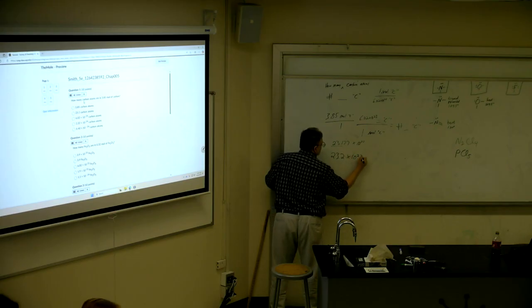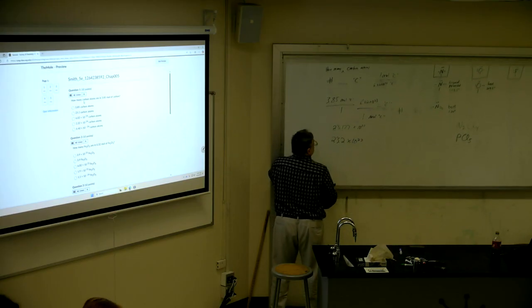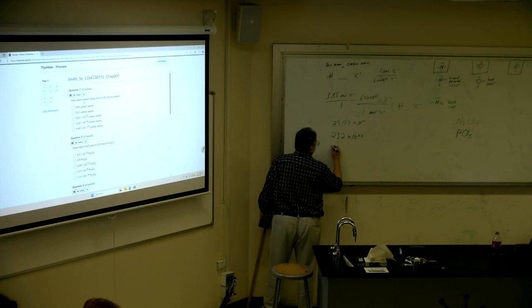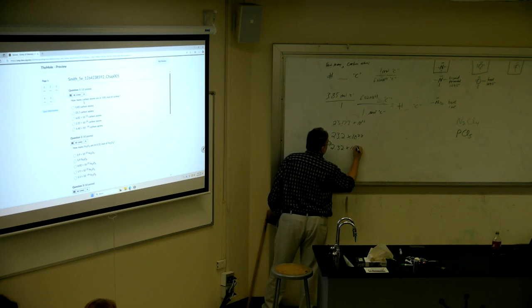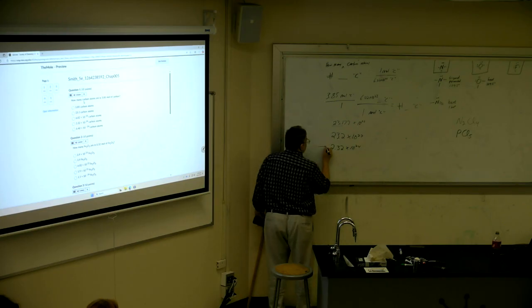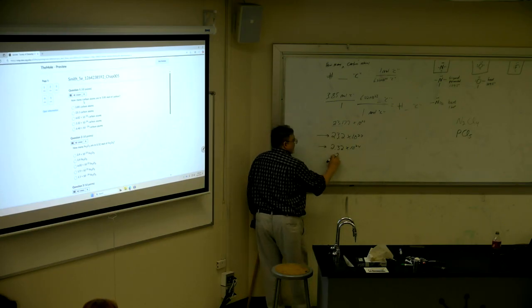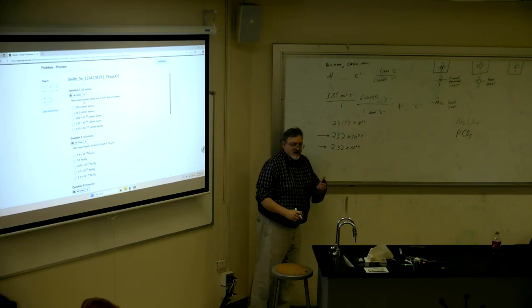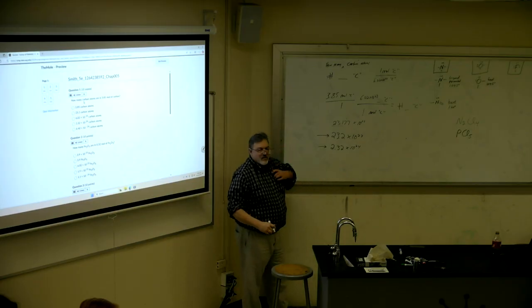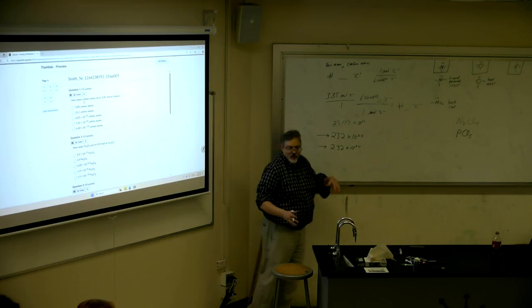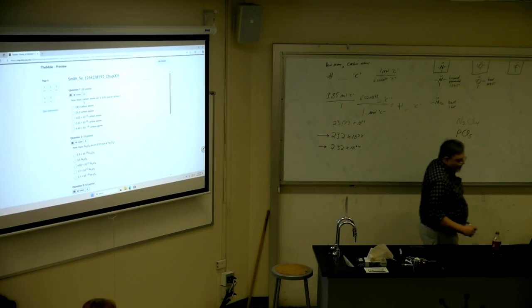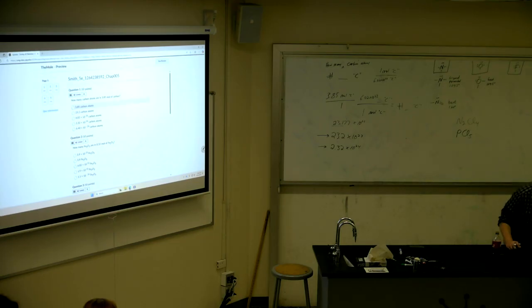So 23.2. Not quite in standard scientific notation, but you could go. So both of these are correct. This one's correct if you're asked for standard scientific notation. But generally, I'm giving you A, B, C, D, and E, so I'll have one or the other in the answers, and then 4 other wrong answers.